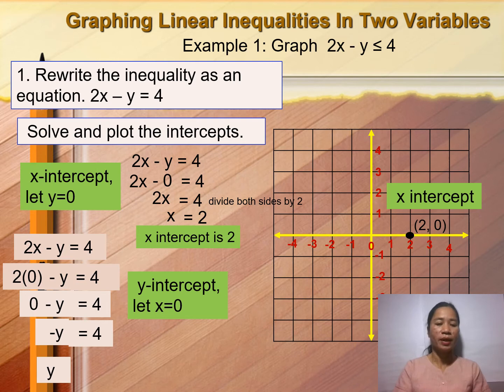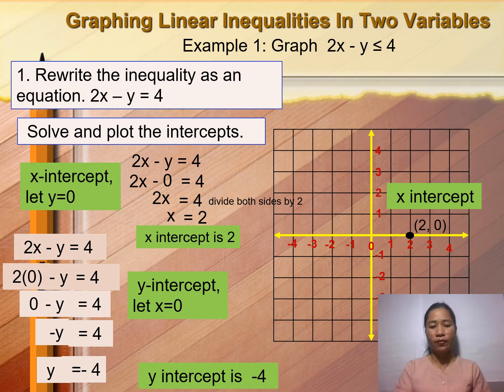Divide both sides by negative 1. We have negative y divided by negative 1 is equal to y, and 4 divided by negative 1 is equal to negative 4. So the y-intercept is negative 4. So the line crosses the y-axis at (0, negative 4).